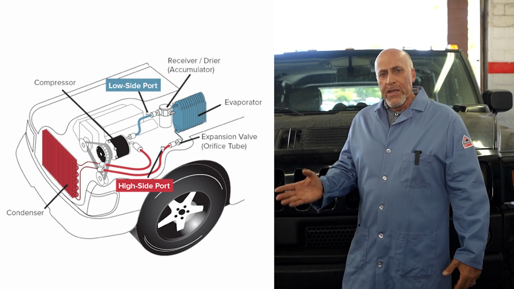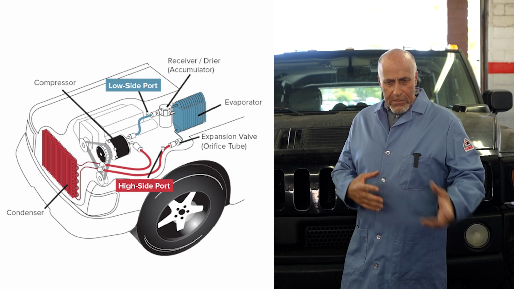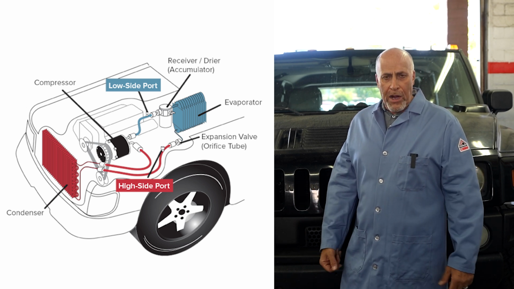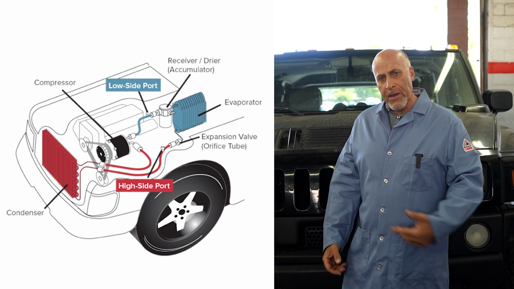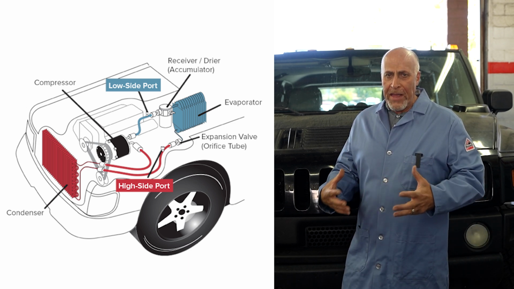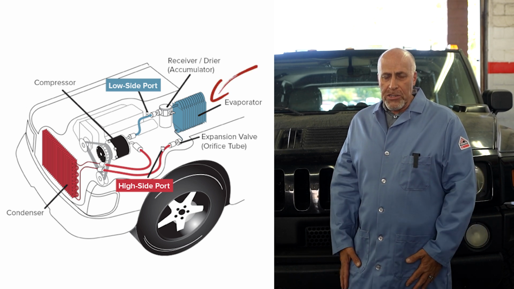From there, some vehicles have an orifice tube, some vehicles have an expansion valve. The refrigerant will go through either the orifice tube or the expansion valve and then make its way to the inside of your dashboard. And that is, as I said a moment ago, where your evaporator is housed.